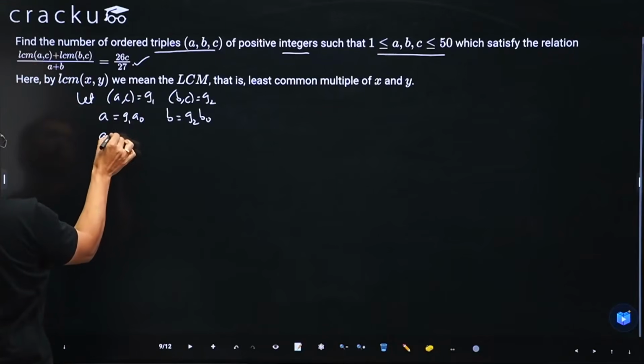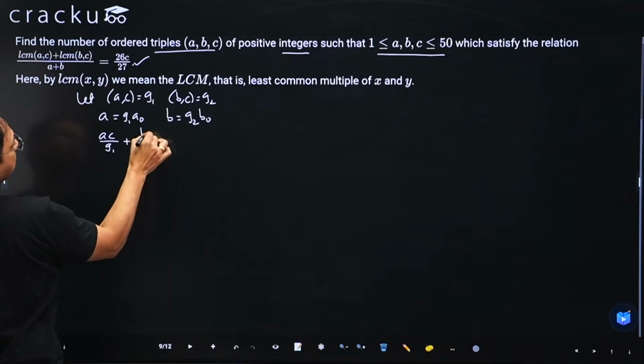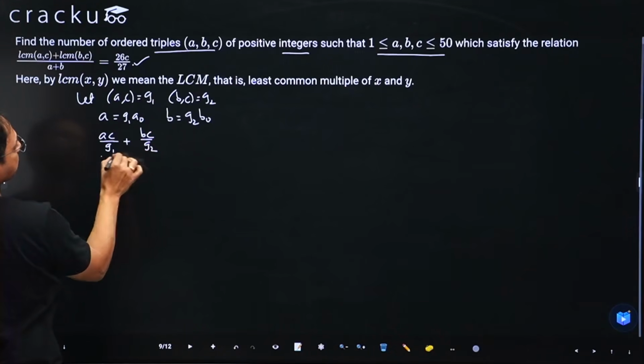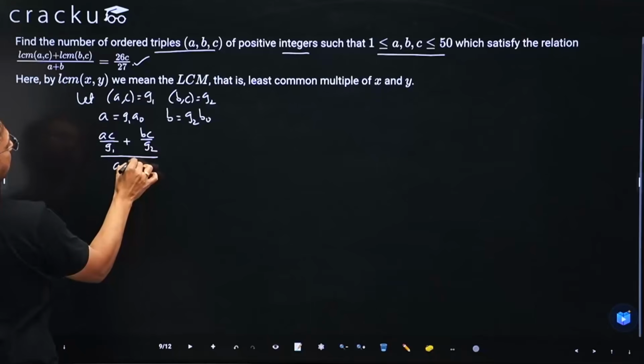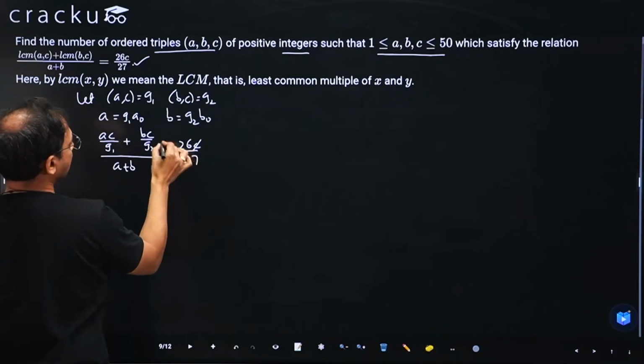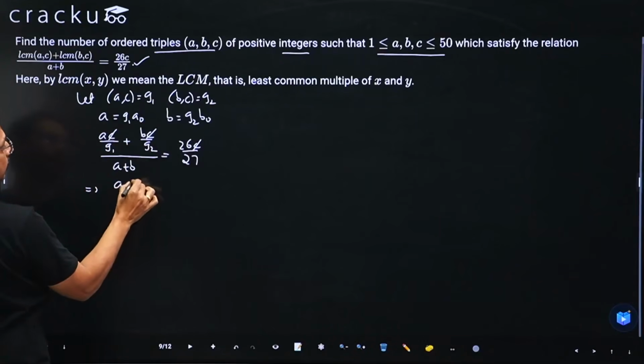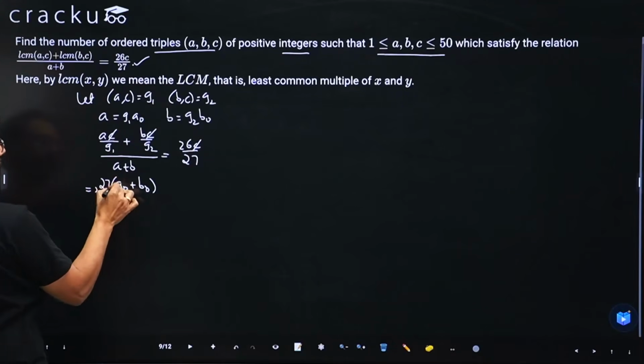LCM is product by GCD. Same thing here, product by GCD by A plus B is equal to 26C by 27. C will get cancelled off here. A by G1 is A0, this is B0. Cross multiply with 27.